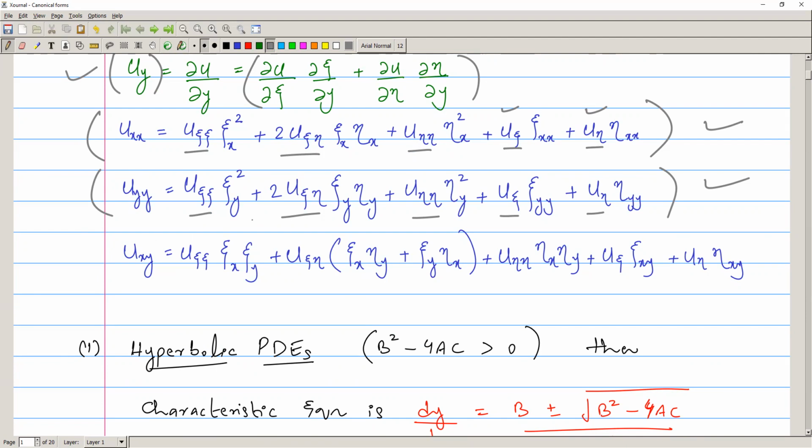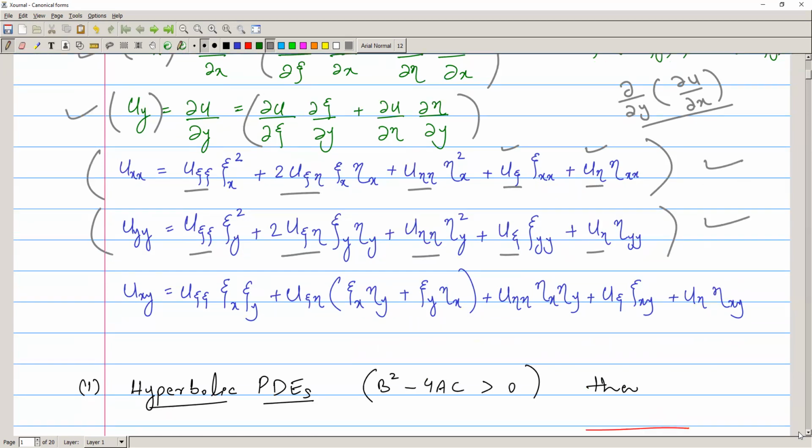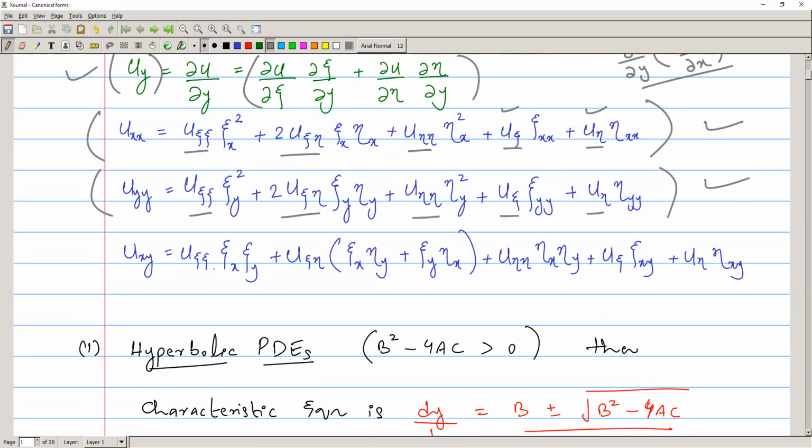So what's uxy? Uxy is simply that you are differentiating this ux now with respect to y, partially differentiating this ux with respect to y. It means that you are doing dawa over dawa y times dawa u over dawa x, right? So what you are getting is this equation uxy. So this is again u psi, u psi eta, u eta eta, u psi, u eta, right?